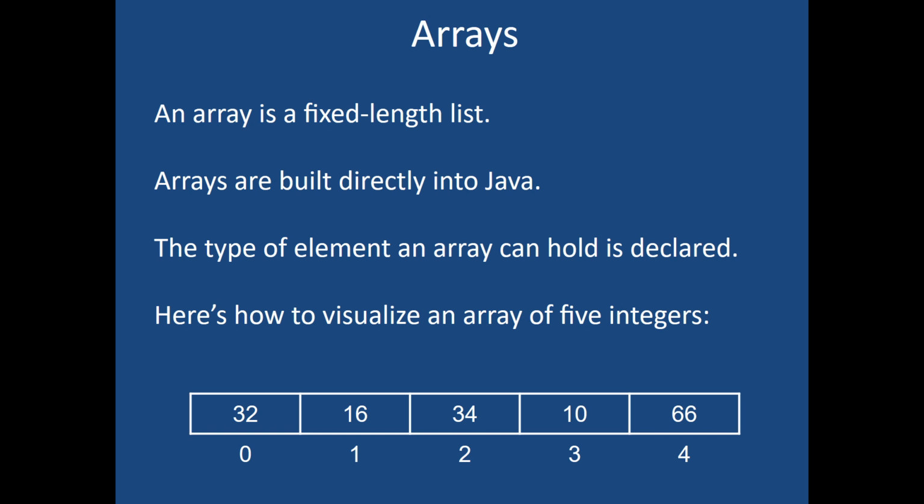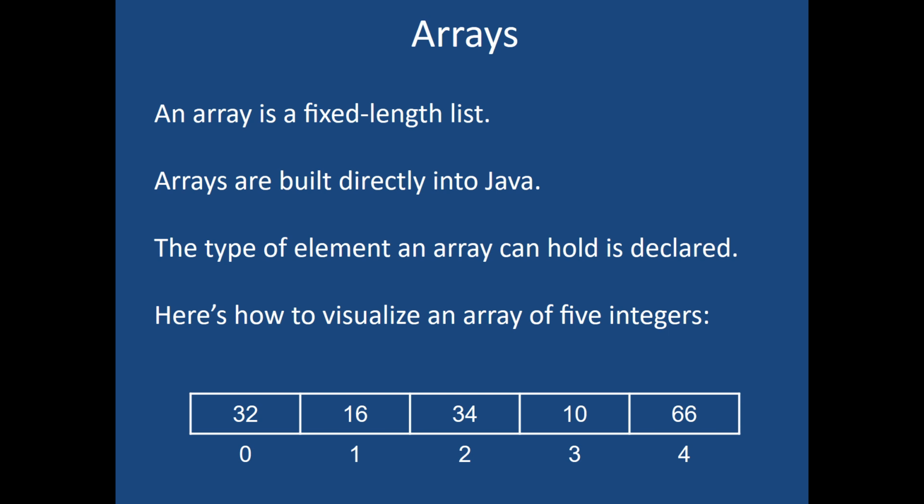You can think of an array as a fixed length list. If you need to make a list and you know it's not going to grow or shrink, that's what arrays are for. They're built directly into Java, so you're not going to find constructors and methods. When you create an array, you declare the type of element it can hold.